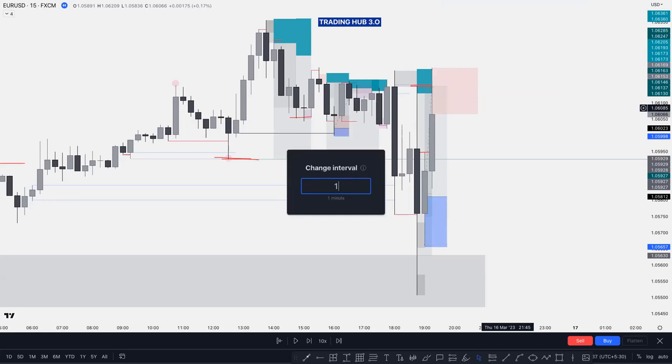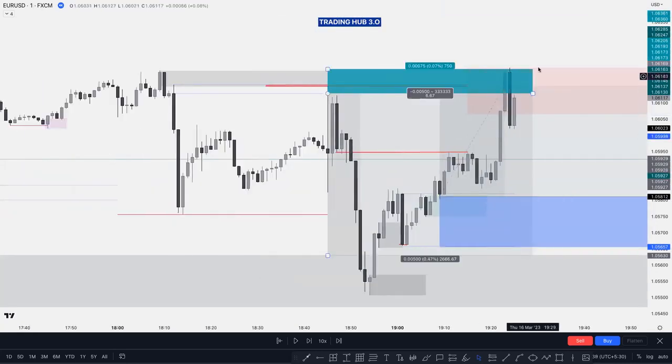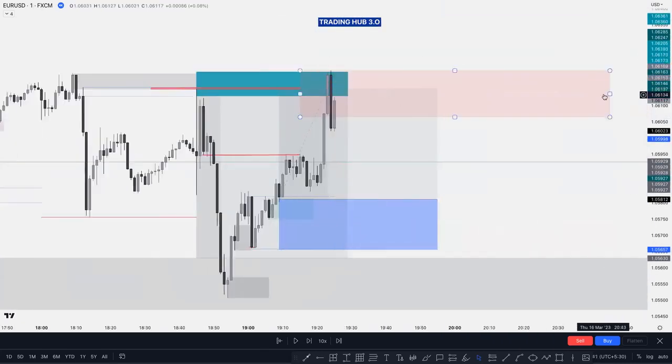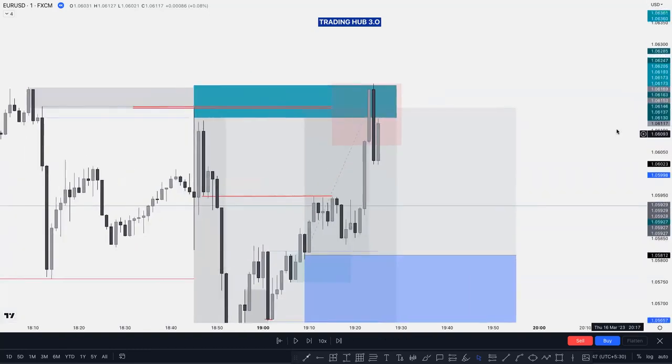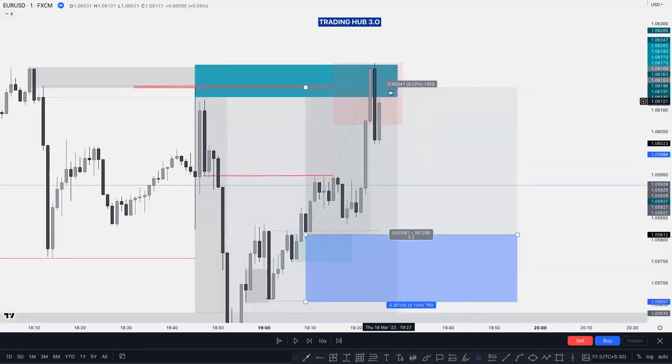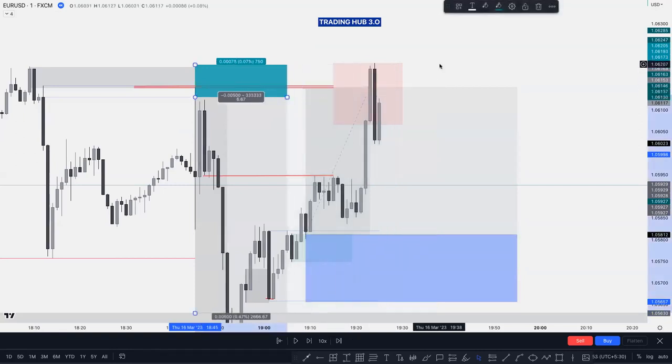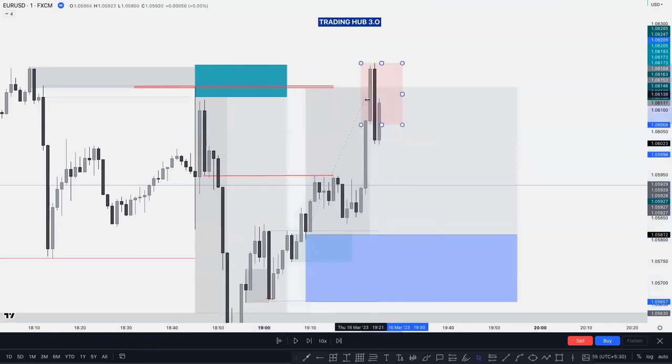And you have to switch here to the 1-minute time frame again. Look at this one, the previous high sweep. And look at this one. This previous candle high is taken out, liquidity.